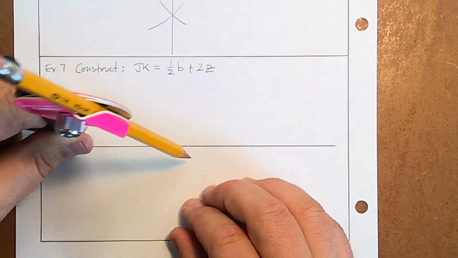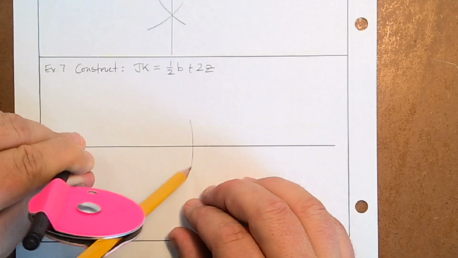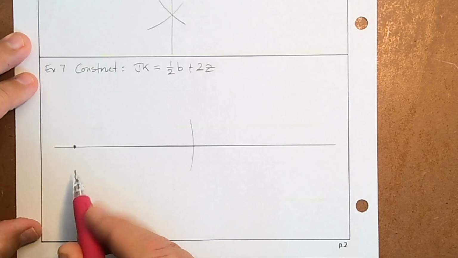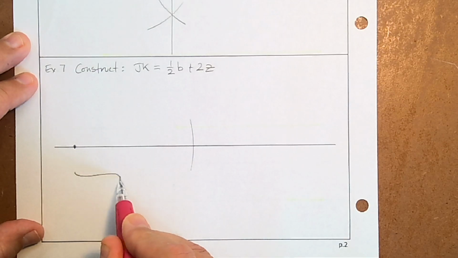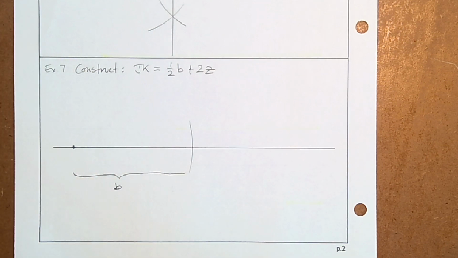When I make my points, I want to try to get them right in the center as much as possible. And I'm going to arc off my B distance here. And I can even label that just so I'm really clear on what that is. So that's going to be my B distance.